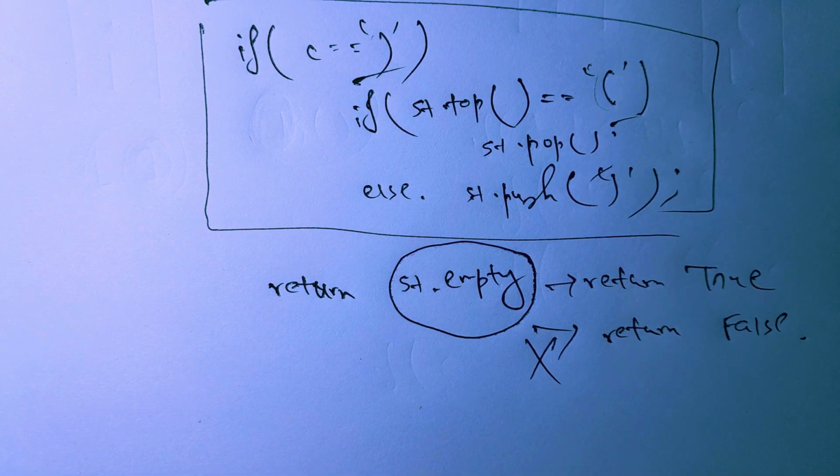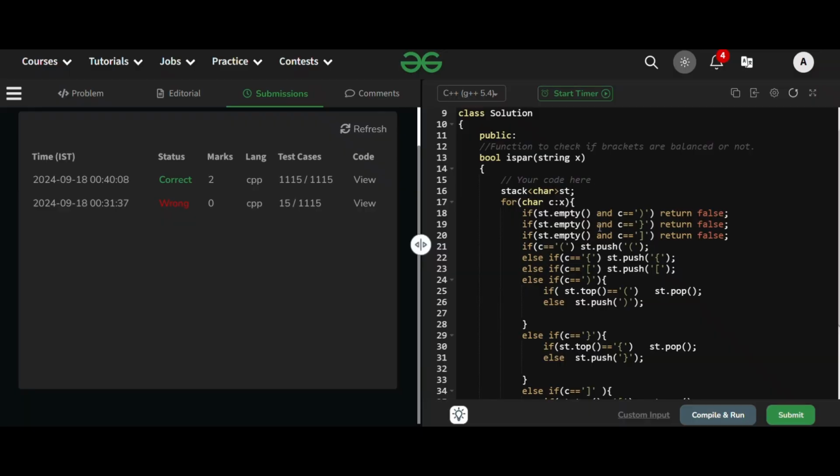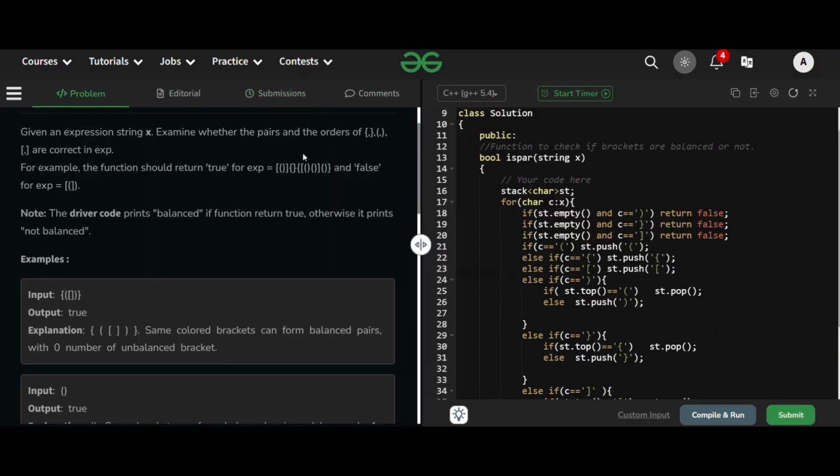So I am showing my code in the GFG portal. So here is your code. What I have said is that you check if our stack is empty, and if you get any closing braces, then you simply return false, because you cannot have any closing braces at the front of our string.